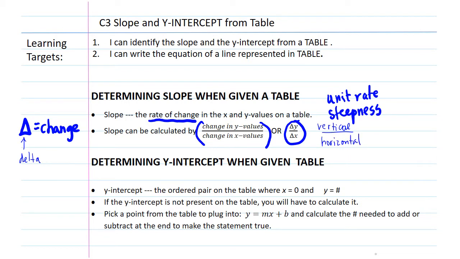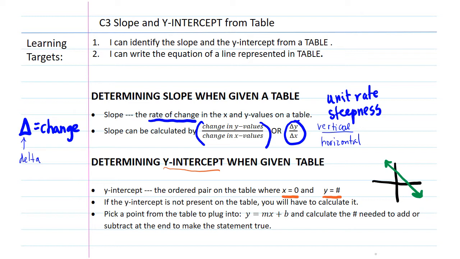Okay, so determining the y-intercept when given a table. The y-intercept is the ordered pair where x equals 0 and y equals whatever the value of y is. Intercept, as I explained previously, is like an interception in football, where another team catches the football.